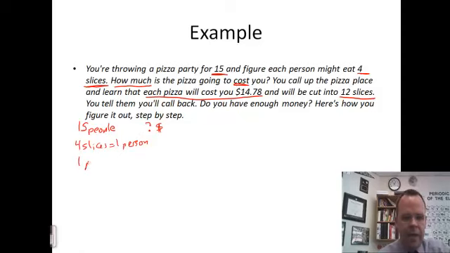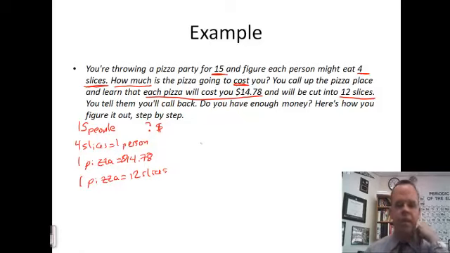I know that one pizza is $14.78, and I know that one pizza is 12 slices. So I'm looking for the amount of money.